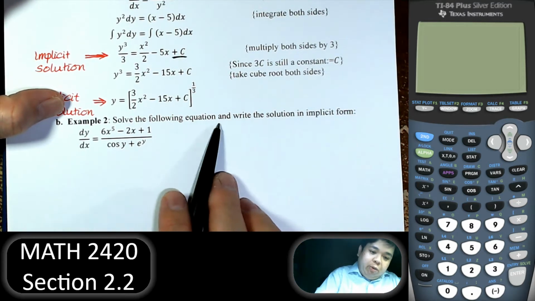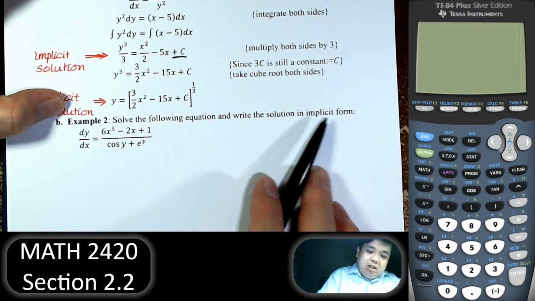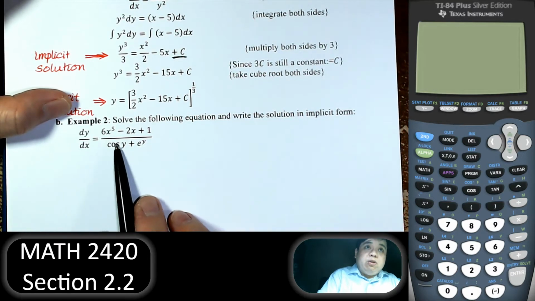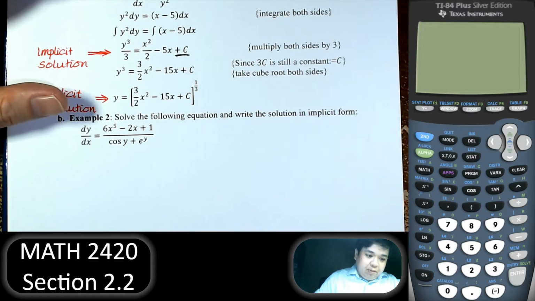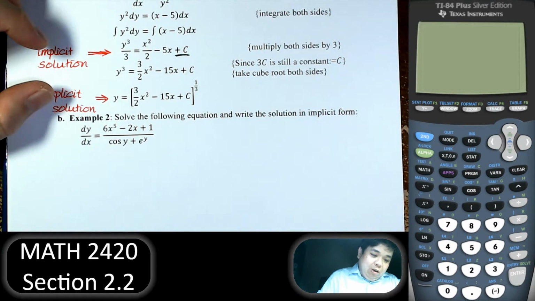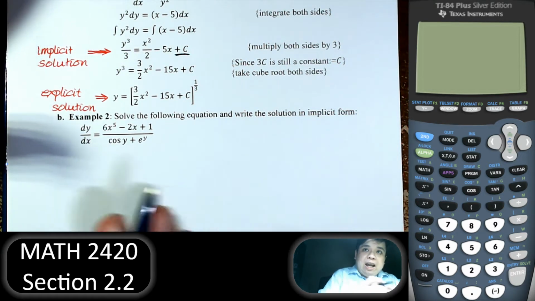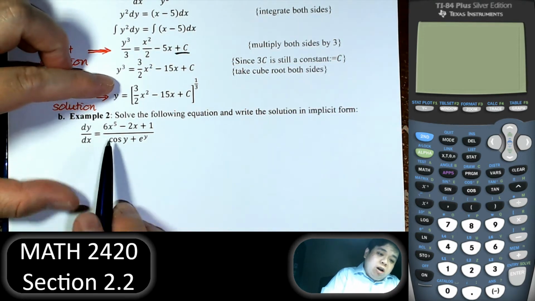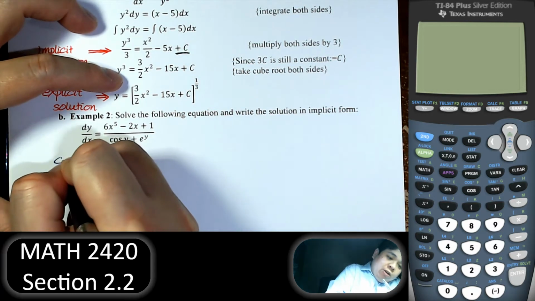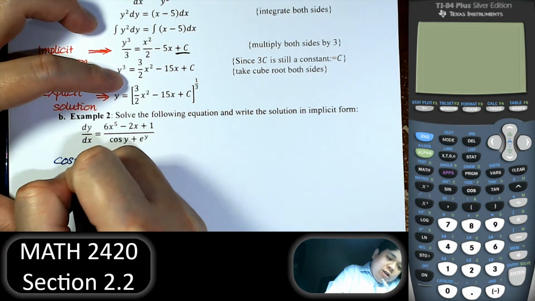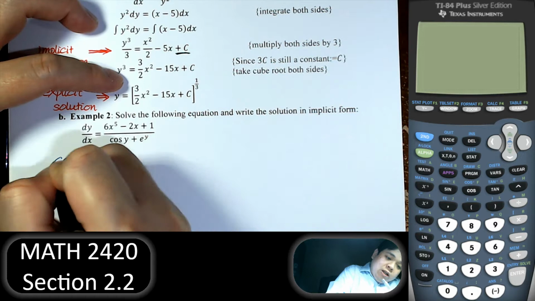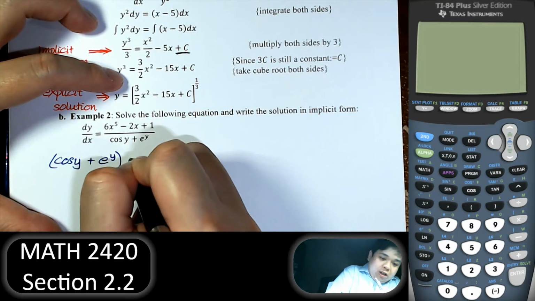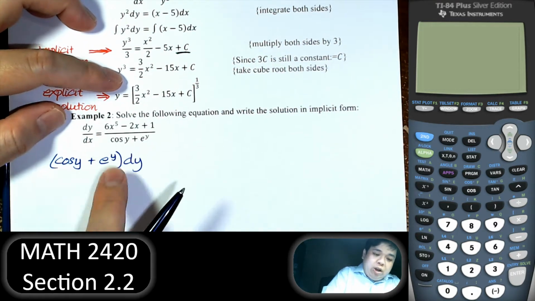solve the following equation and write the solution in implicit form. So we write the solution for this in implicit form. Don't need to solve for y. First, to get y on one side and x on one side, cross multiply. So we have cosine of y plus e to the y on the left hand side with dy. So when we cross multiply, that's what we have.